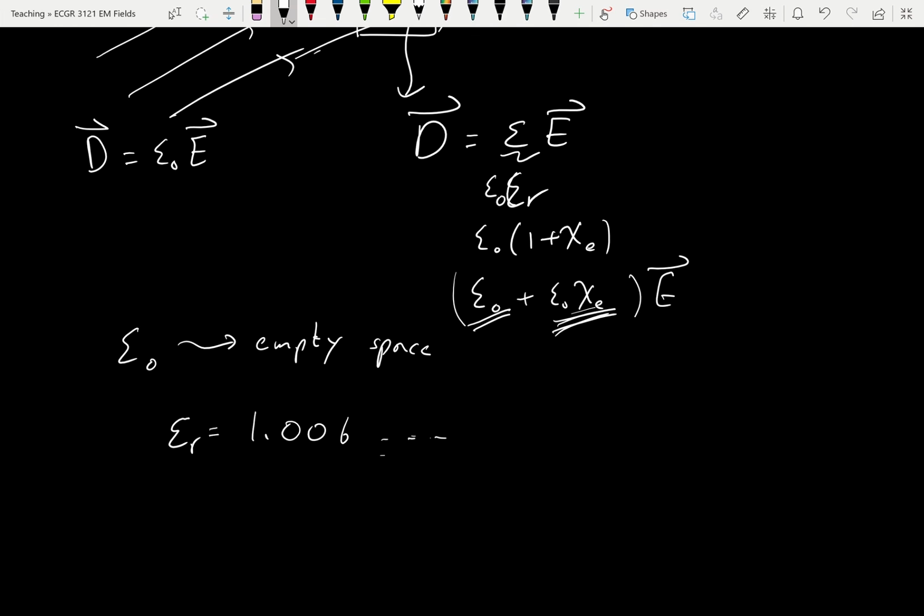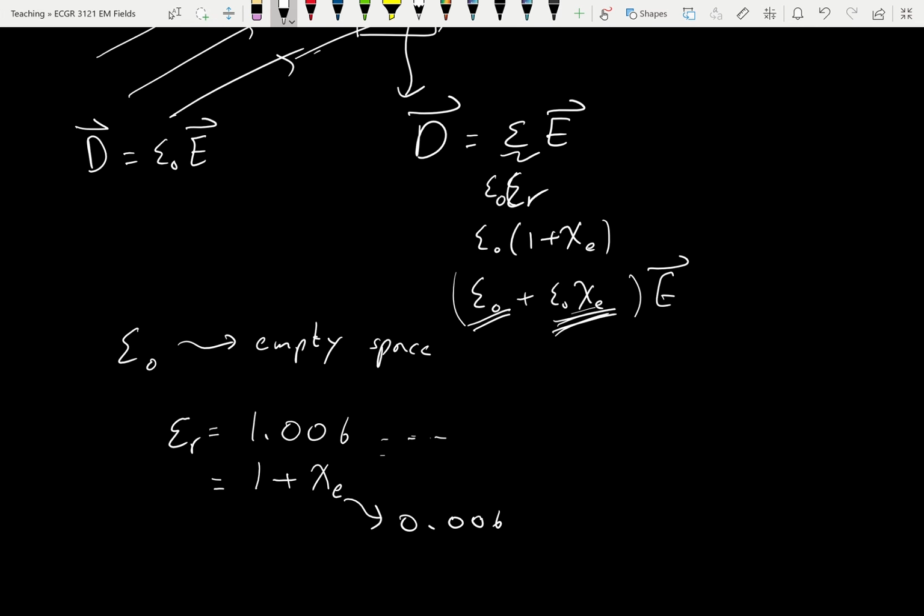epsilon r, the relative permittivity, tells me that it's close to empty space, right? So what is this? We said this is 1 plus Z E. That tells me that the susceptibility is 0.006.